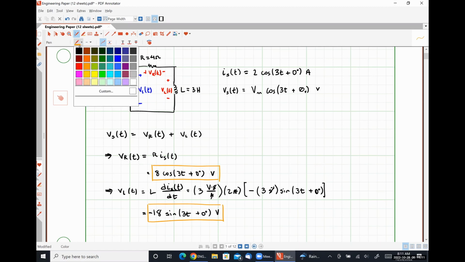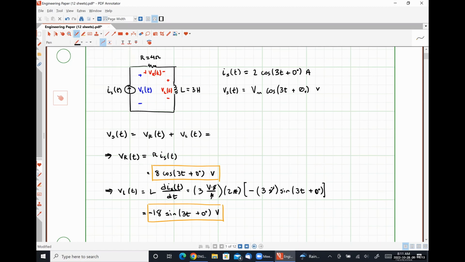According to our Kirchhoff's voltage law equation, the voltage drop across our inductor, excuse me, the voltage drop across our current source is 8 cosine 3t minus 18 sine 3t volts.